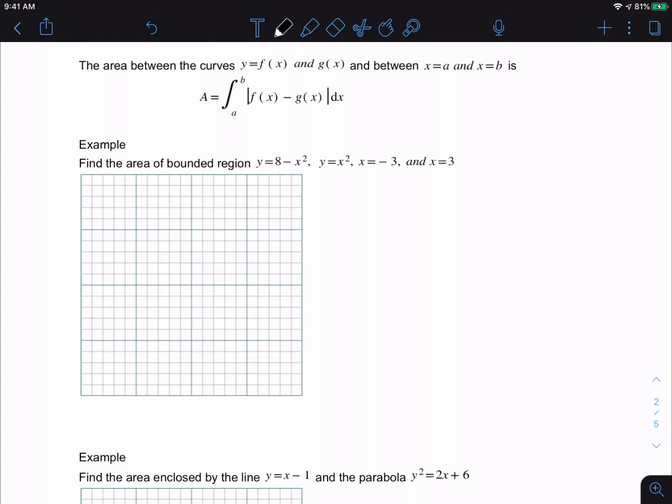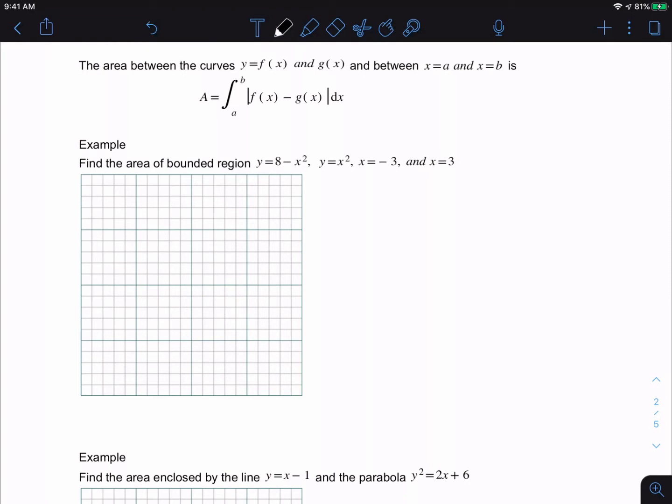But I don't typically do it that way. I'll show you my method of attacking it. I like to graph my pictures so that I can see what's going on in the problem and have a better understanding. The example I'm about to show you will demonstrate that.